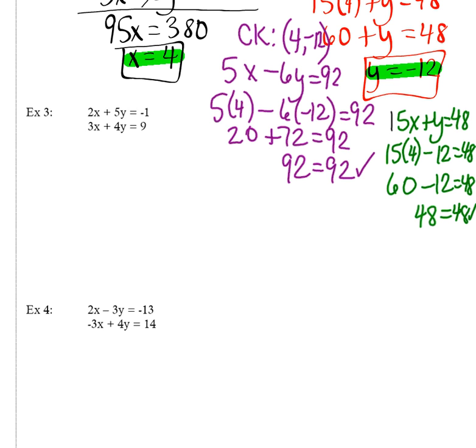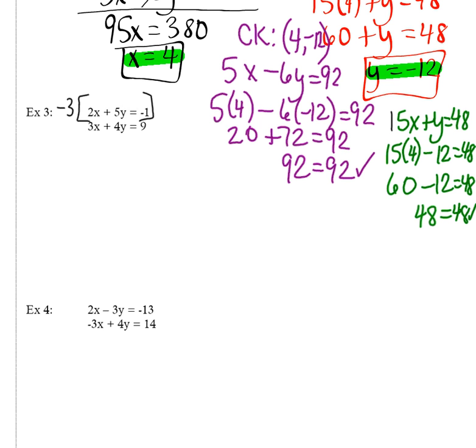We're looking at our x's and our y's, and it looks like I have to multiply through both of my equations by a number to get me to a common coefficient. So what I'm going to do is multiply my first equation through by a -3, and then I'll multiply my second equation through by a +2.